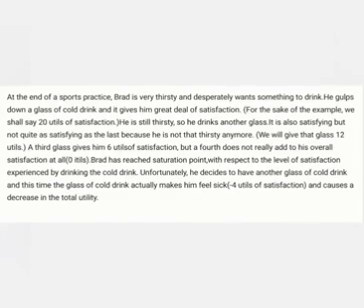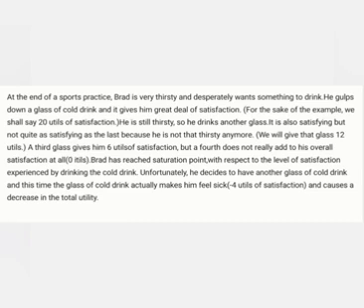He is still thirsty, so he drinks another glass. It is also satisfying, but not quite as satisfying as the last, because he is not that thirsty anymore. A third glass gives him 6 utils of satisfaction, but a fourth one does not really add to his overall satisfaction at all.